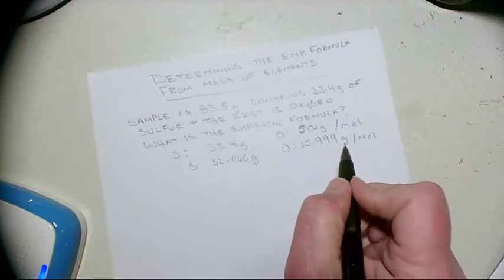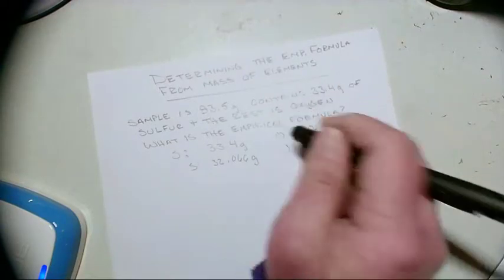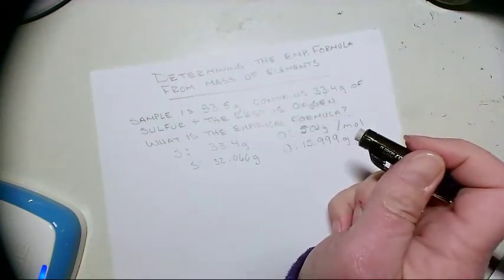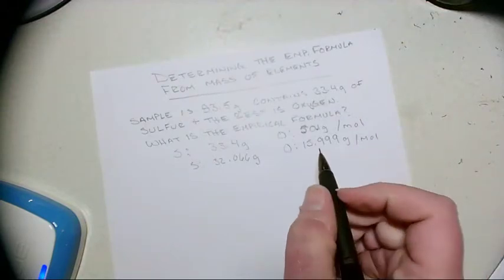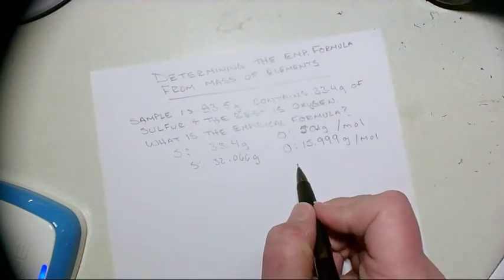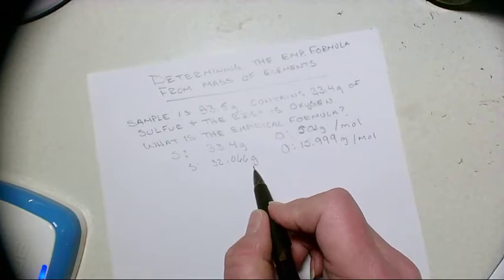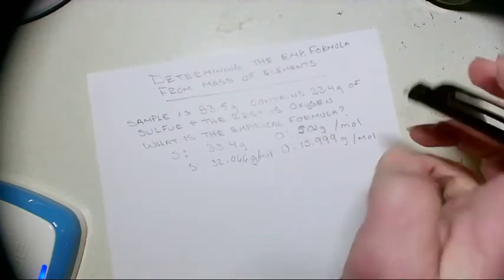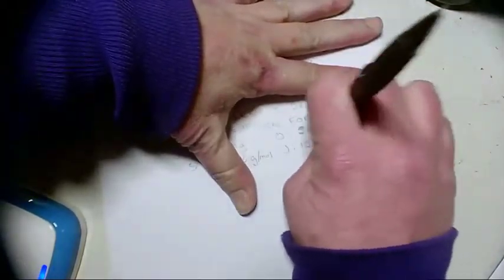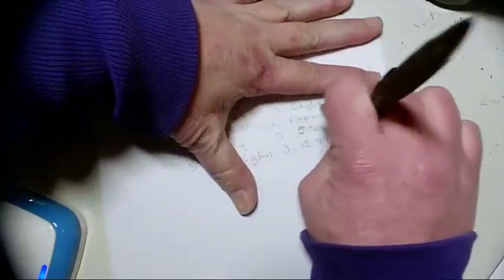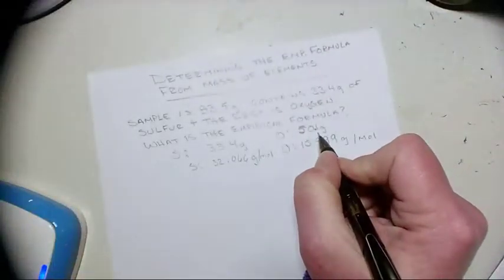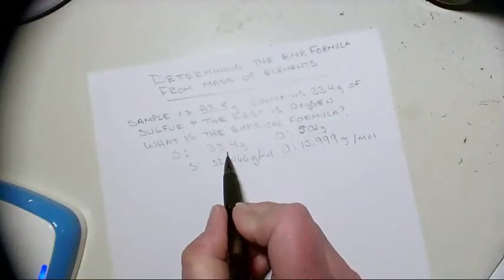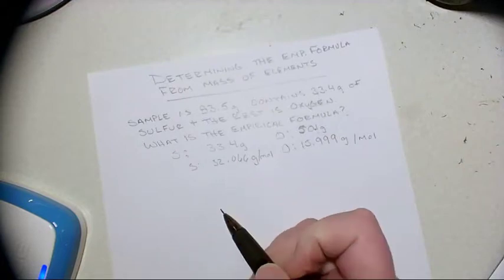So we have our grams per mole for oxygen and grams per mole of sulfur. We have, I knew I did something wrong, I went crazy with my per moles. We have 50.1 grams of oxygen in the sample, and we have 33.4 grams of sulfur in the sample.